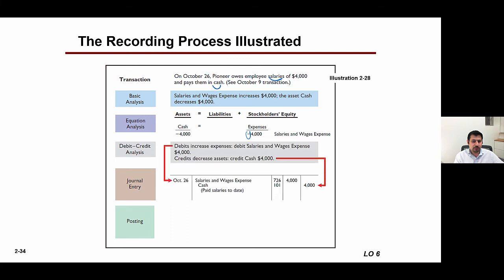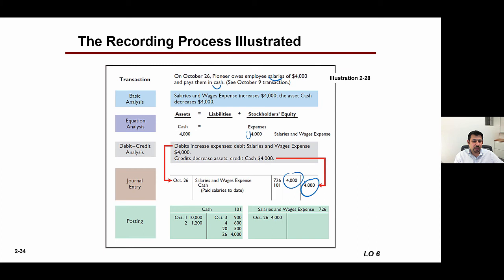So this is that journal entry. Once again, as you remember, total credits are always equal to total debits. So we debit salaries and wage expense and we credit cash 4,000. Then we post them to the appropriate account in the ledger.